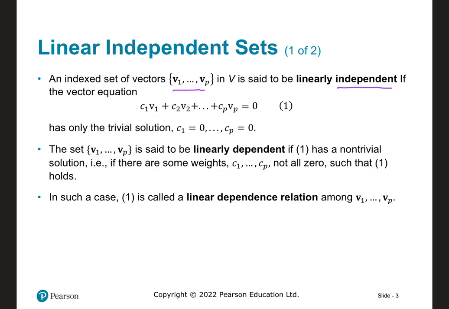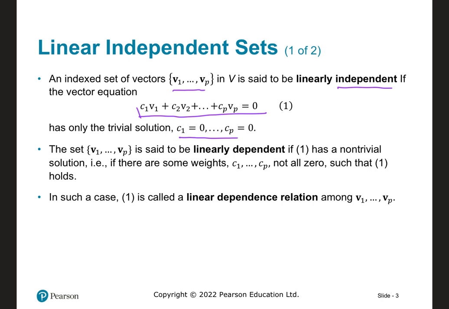I mean, when the linear combination of the given vectors is 0, that happens only when all the weights are 0. In that case, the given set will be linearly independent.